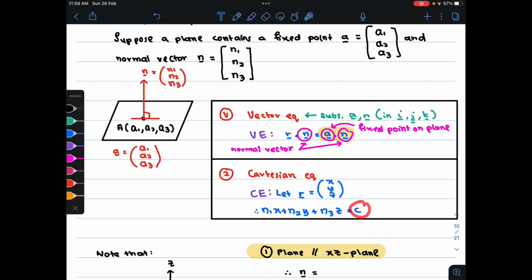So c here is the constant, and hence you can see that from this equation, if you have x, y, and z on one side and a constant on the other side, that is the equation of a plane. And the coefficients of your x, y, and z will be your normal vector. So that's how you can determine the normal vector from the equation of a plane.